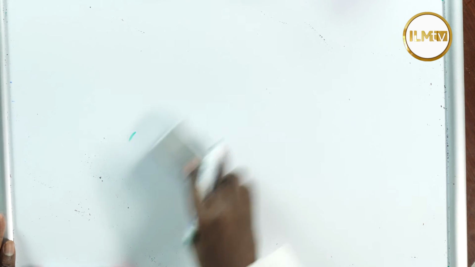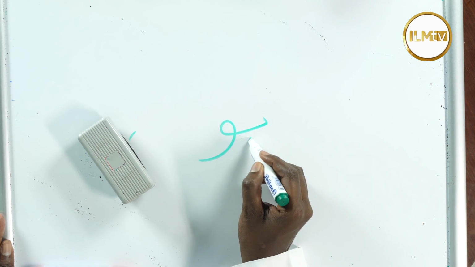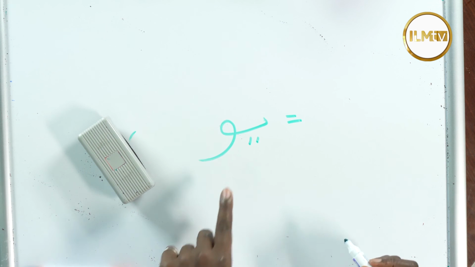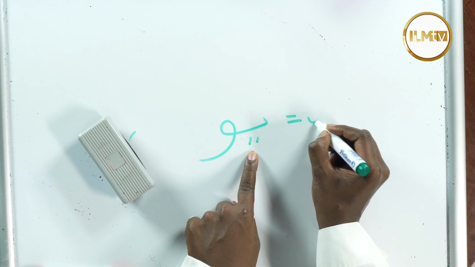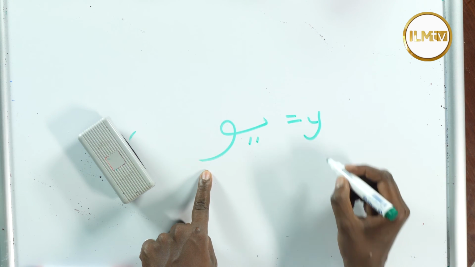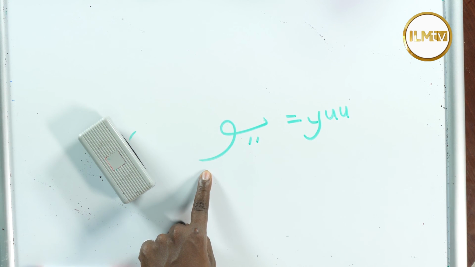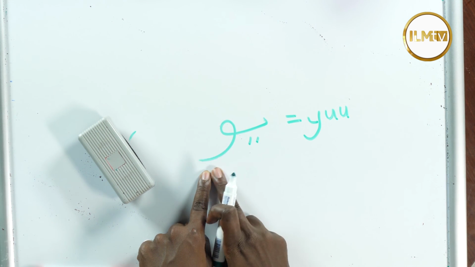And if it was the other way around now, it was a ya followed by a waw. How do you read this? We start here. The first one, we make it a Y, and the second one, we make it a vowel, a double U. Okay?